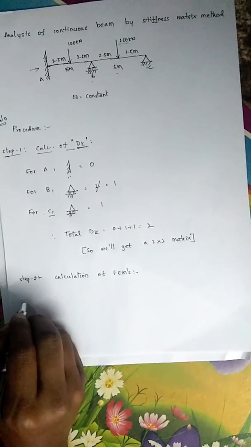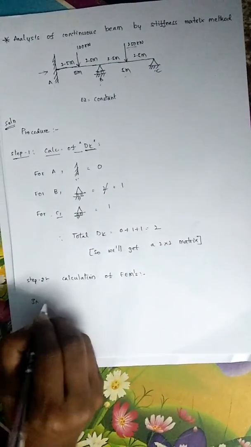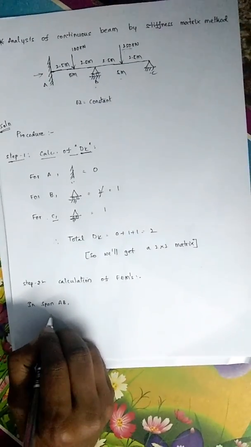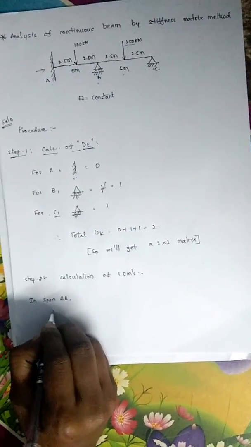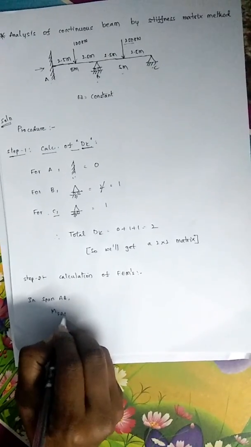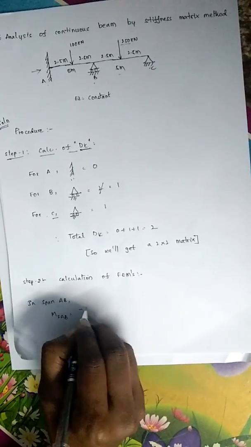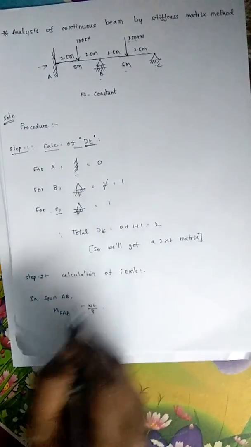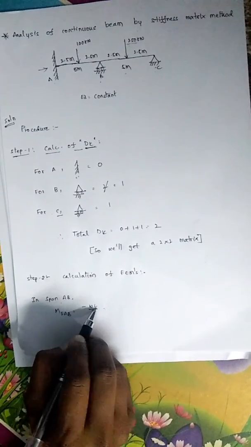Fixed end moments. In span AB, MF AB, the fixed end moment, equals minus WL by 8. W is the load on the beam and L is the length of the beam.